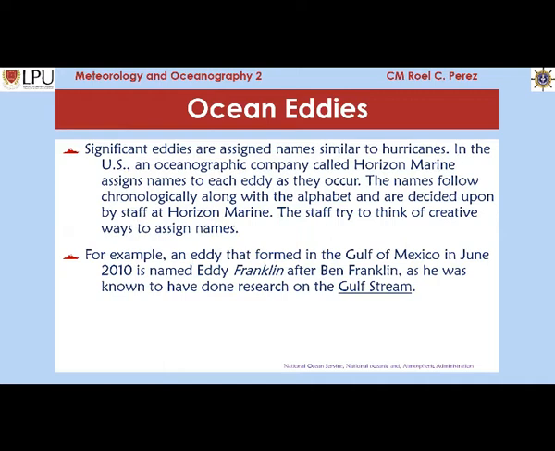The names follow chronologically along with the alphabet and are decided upon by staff at Horizon Marine. Okay, the staff try to think of creative ways to assign names. For example, an eddy that formed in the Gulf of Mexico in June 2010 is named Eddy Franklin, after Ben Franklin, as he was known to have done research on the Gulf Stream.